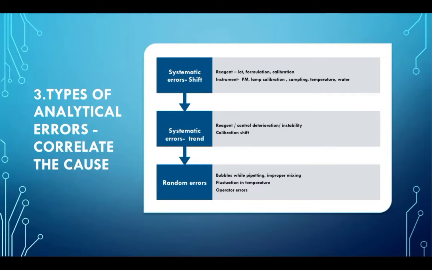Problem may be related to your calibrator, or it is not a problem. Previously there was a problem, now it is only showing shift. Problem may be related to instrument, or rather than the word problem, you can say reason may be related to instrument. Preventive maintenance or lamp recalibration, some sampling related, or temperature or water quality related.